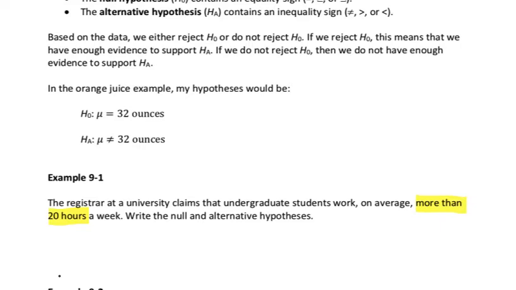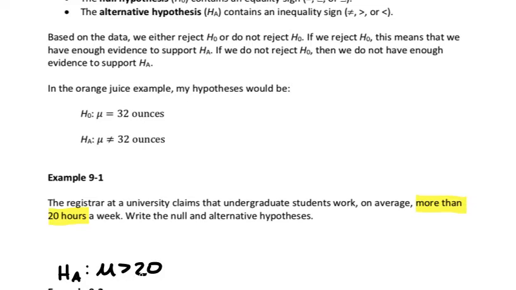I usually think it's easier to start with the alternative hypothesis and then write the null hypothesis based on that. So my alternative hypothesis is that the mean is greater than 20. And we always use greater than, less than, or not equal to symbols for the alternative hypothesis. We do not use the line underneath.